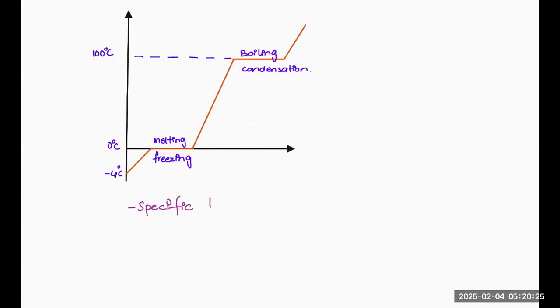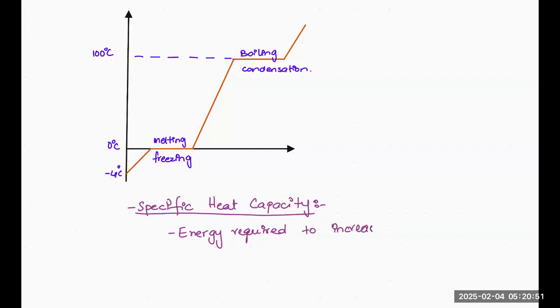Specific heat capacity is the energy required to increase the temperature of 1 unit mass by 1 degree of a substance.